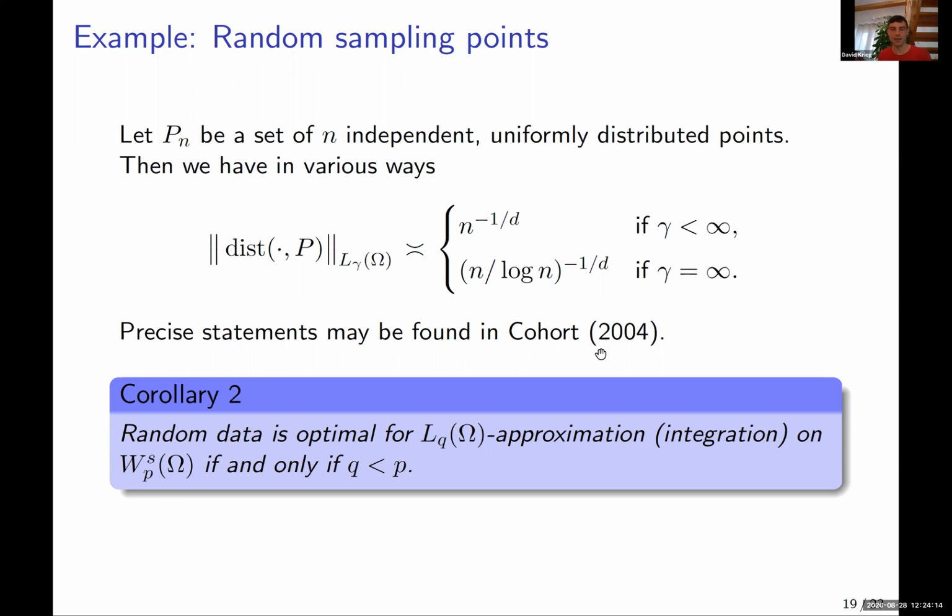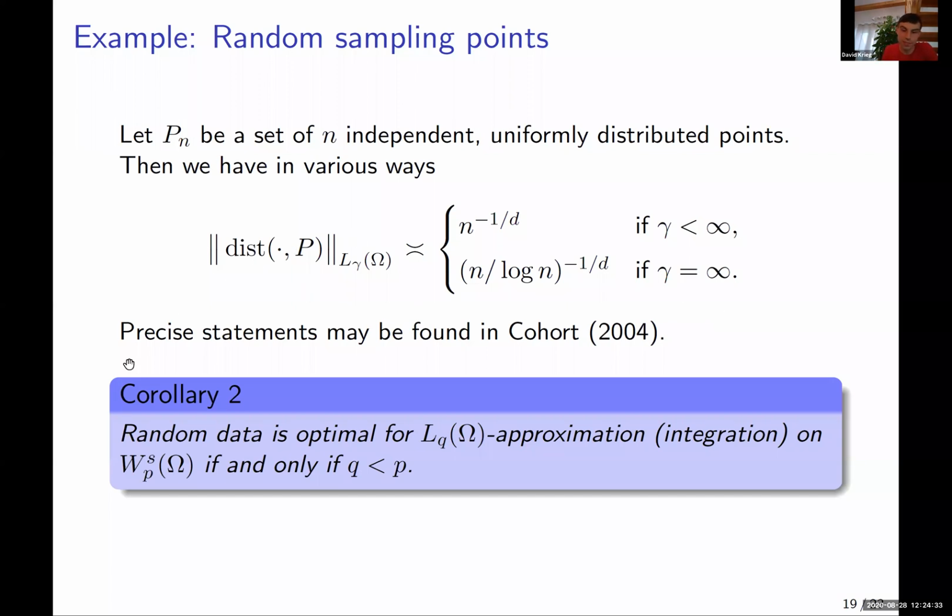But if you really want to be sure that you hit all of these boxes, then you have to take k times log k many trials. And this is why we have this different behavior for gamma equal to infinity.